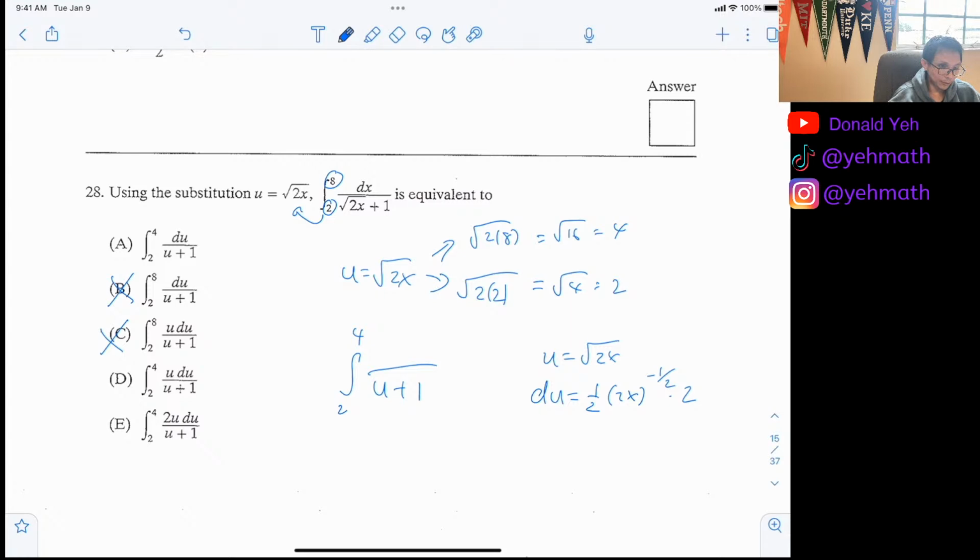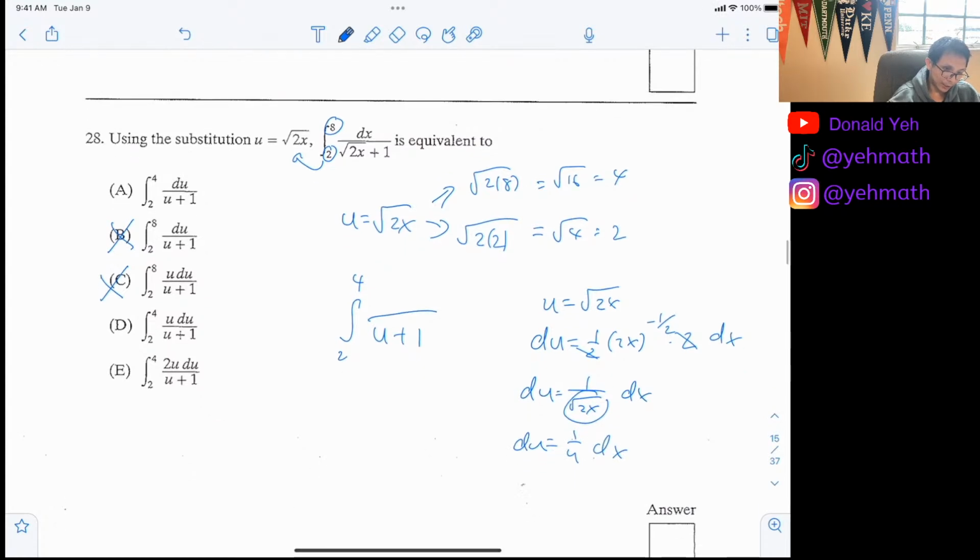Do you understand so far? The 2s cancel out and dx, so it'll be du equals 1 over square root of 2x dx. Now what is square root of 2x? u. So du equals 1 over u dx, right? Can I say dx is u du?